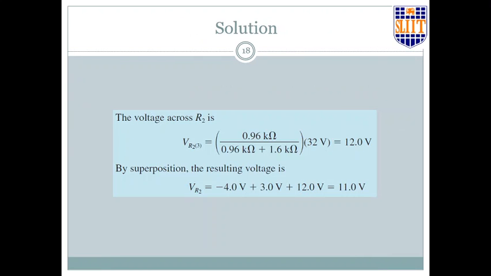Right, so that is if you want to find the current through a single resistor, a single element or a single branch, or the voltage across a single element or a single branch.